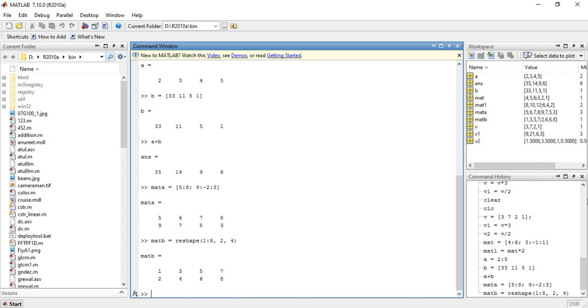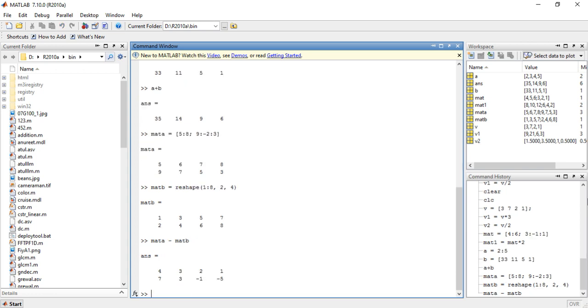So this gives you the matrix B. Now we want to find the difference between two matrices, mat A minus mat B. So this gives you the resultant as shown here.